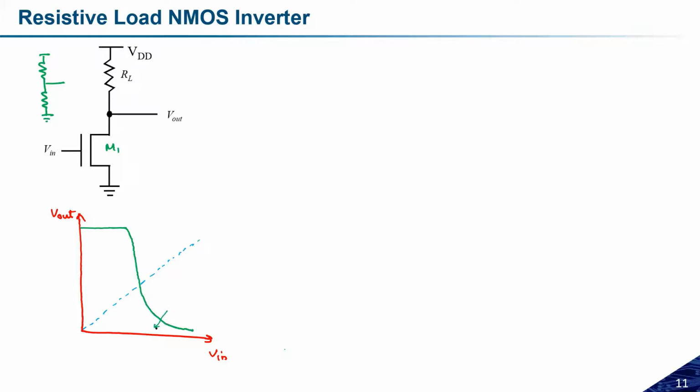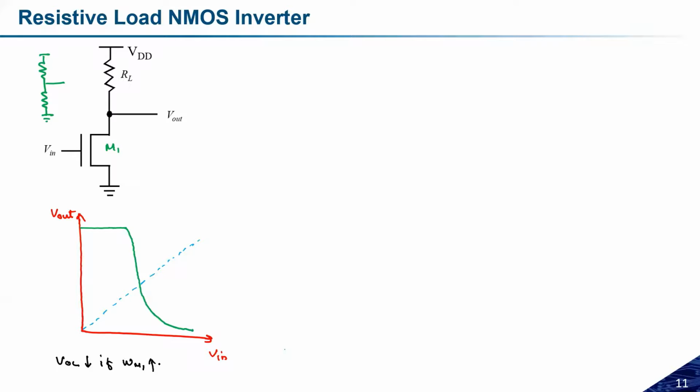So the waveform will be shifted in the downward direction, or the VOL will be reduced if W of M1 is increasing.